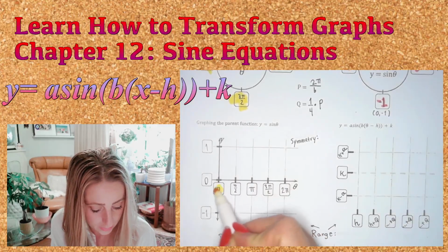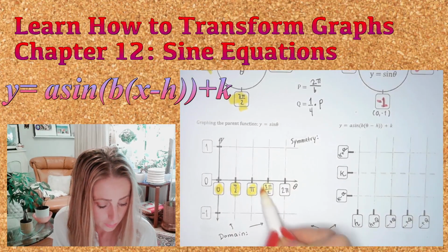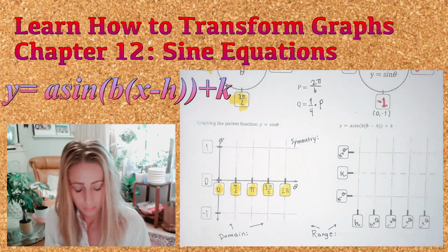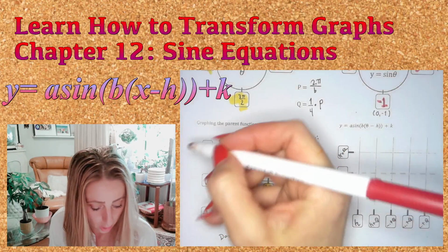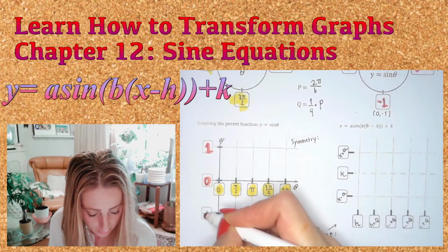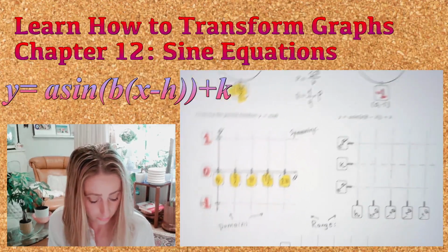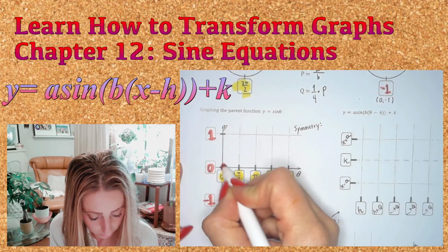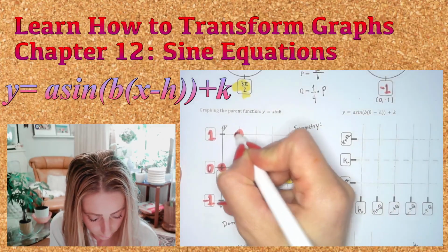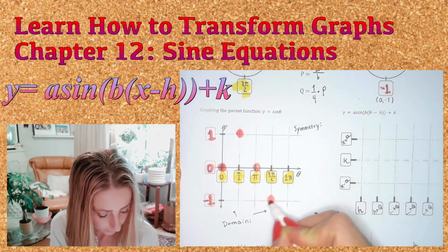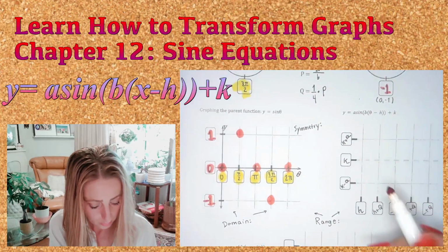That's my x-axis or my theta axis. Based on each of those inputs, my corresponding outputs can be 1, 0, or -1. We just saw that on the other circle. So at 0, it's 0. At pi over 2, at pi, 3 pi over 2, 2 pi.